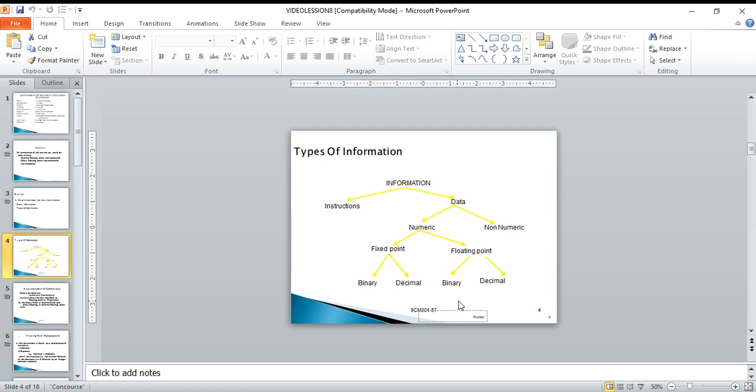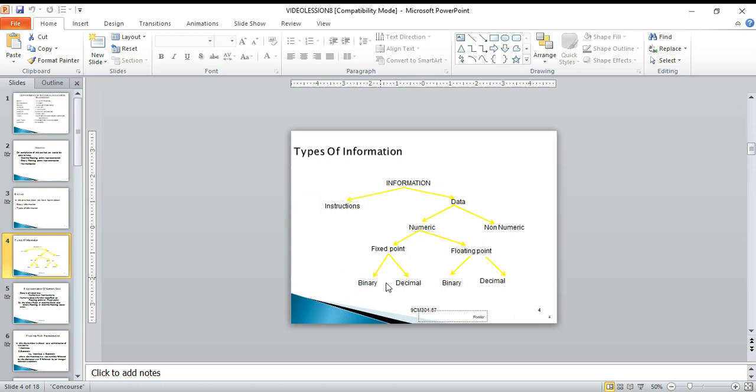If you fix the decimal point at the leftmost position of the number, then we treat that number as a fractional number. If you fix the decimal point at the rightmost position of the number, then we say it is a positive number or integer number. That is nothing but fixed point representation.